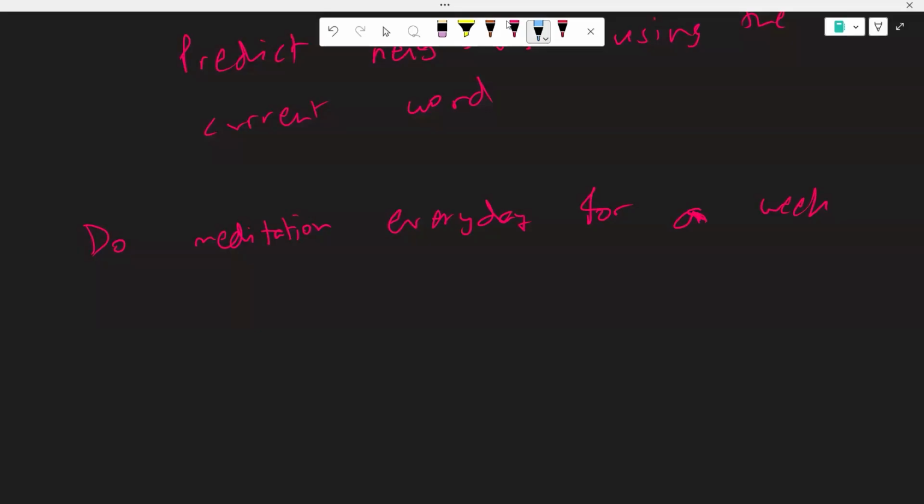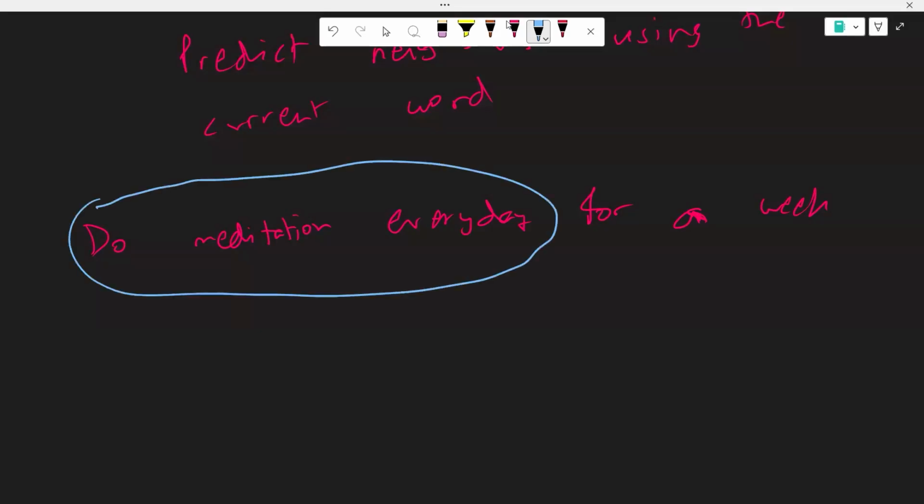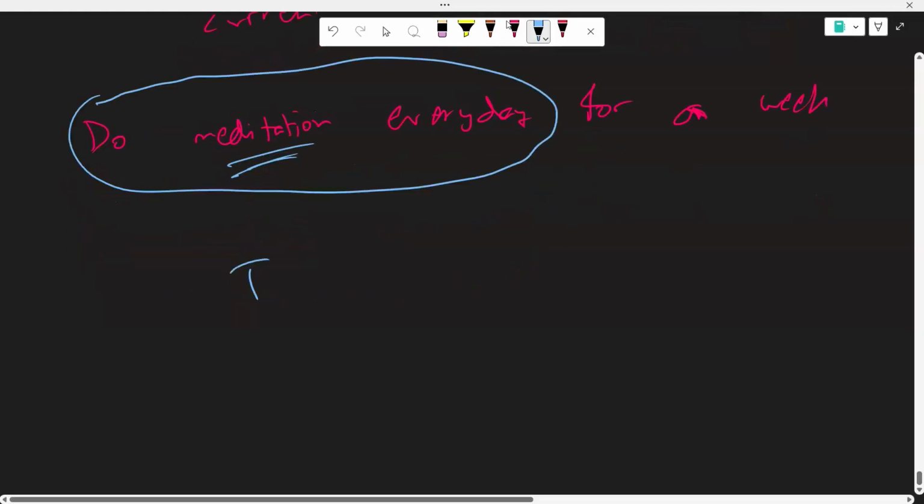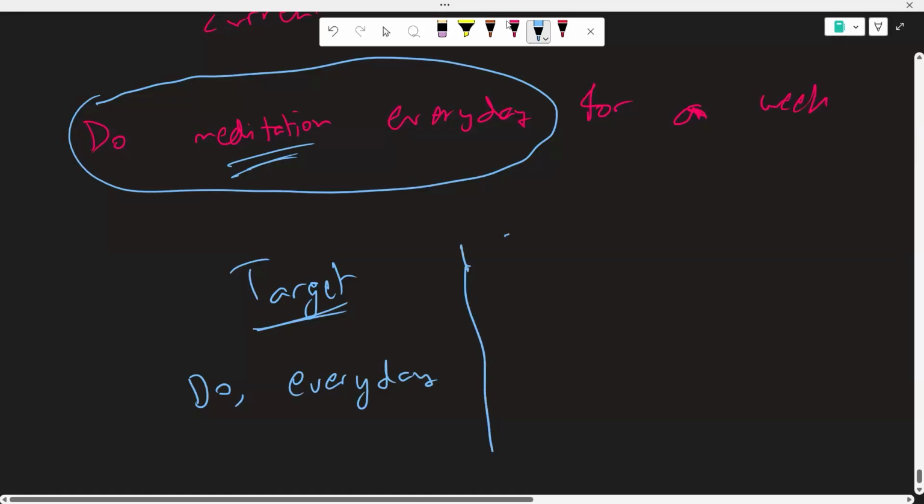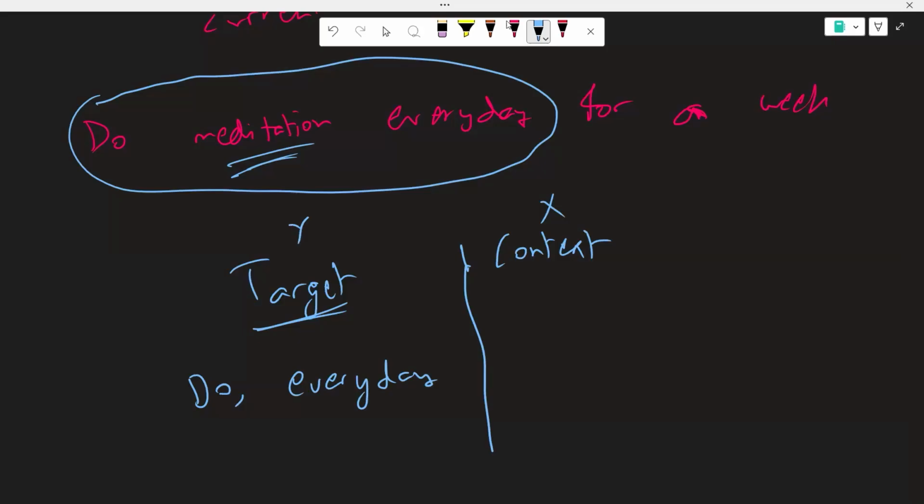Let's say in the first iteration, you take 3 words. Meditation is the current word, but over here the target and current word get replaced. The target will be do, every day, because you have to predict the neighbors using the current word. And the context, the X, will be meditation. You're switching the words.